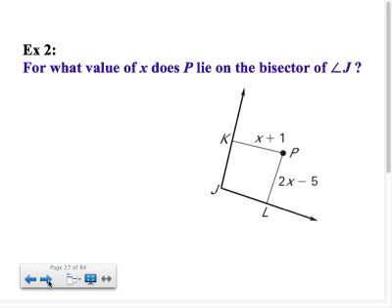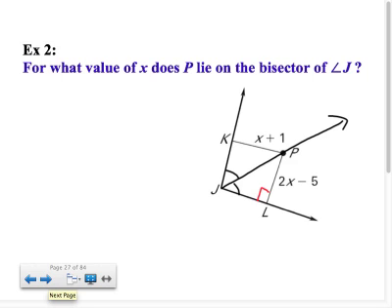Example 2 says, for what value of x does P lie on the bisector of angle J? So if you're having trouble understanding this, draw in the angle bisector. If we know that that's the angle bisector, well then what must be true is they must be equidistant.